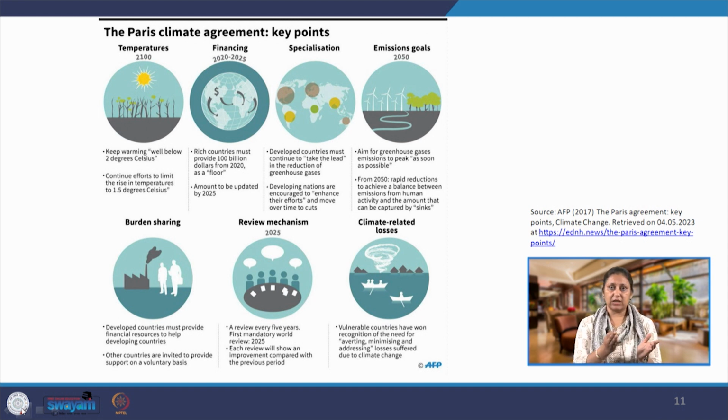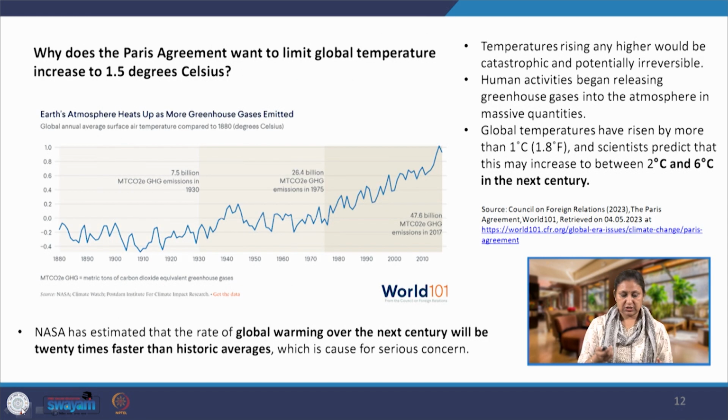So, some of the key points are continuing from Kyoto Protocol, they have been adapted into the Paris Agreement, but in a slightly changed form. So, again there is no discussion why at all we are talking about limiting the global temperature rise to 1.5 degree centigrade.